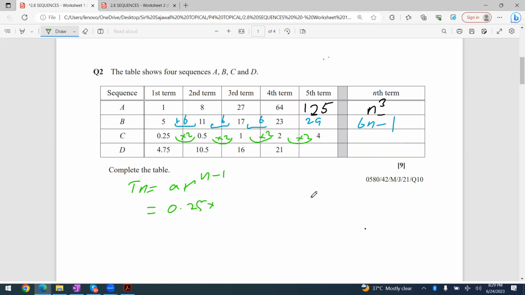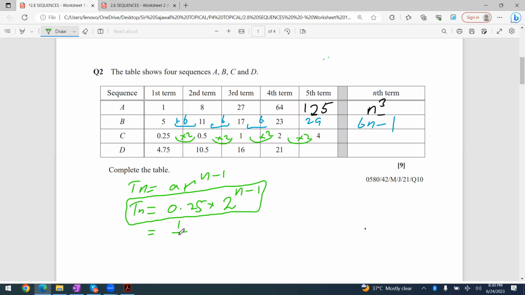R is the common ratio. 1 divided by 0.5 or 2 divided by 1. Common ratio is 2. Okay. Raised to power n minus 1. You can simplify, even though this is the final answer. But if you want to try some indices simplification, what is 0.25?